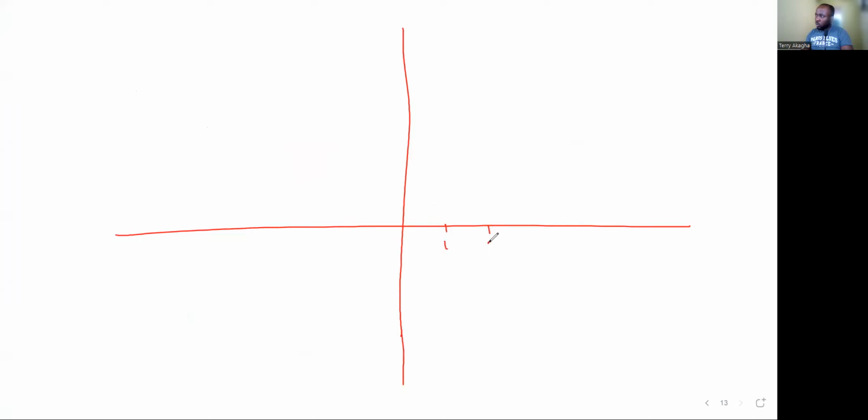Is that okay? So we have 1, 2, 3, 4, 5, 6. This is the positive x, and negative x, minus 1, minus 2. Oh, let me make this bigger here. So let me say here's minus 1, minus 2, minus 3, minus 4.